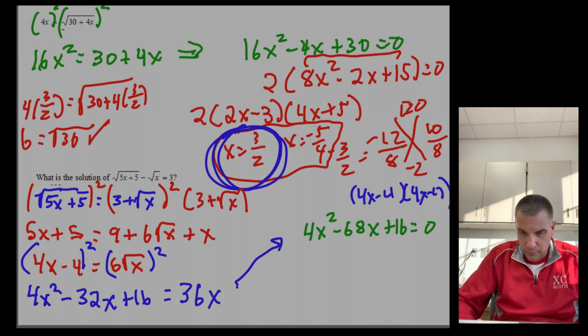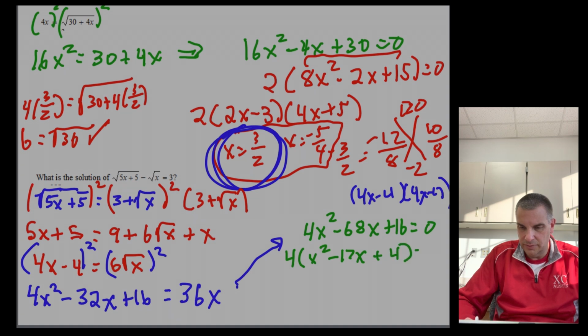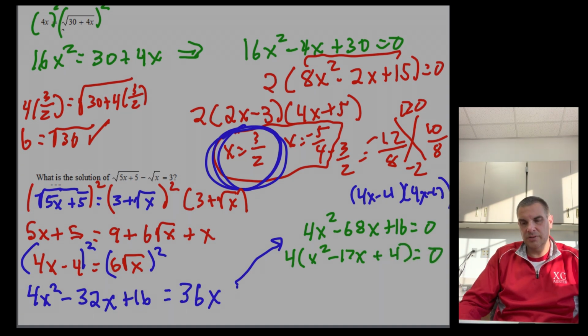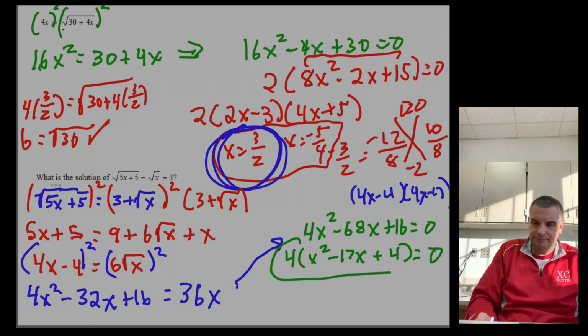Common factor is 4, so factor out a 4. That leaves me with x squared minus 17x plus 4 equals 0. Does this factor? No. So we're going to call that good.